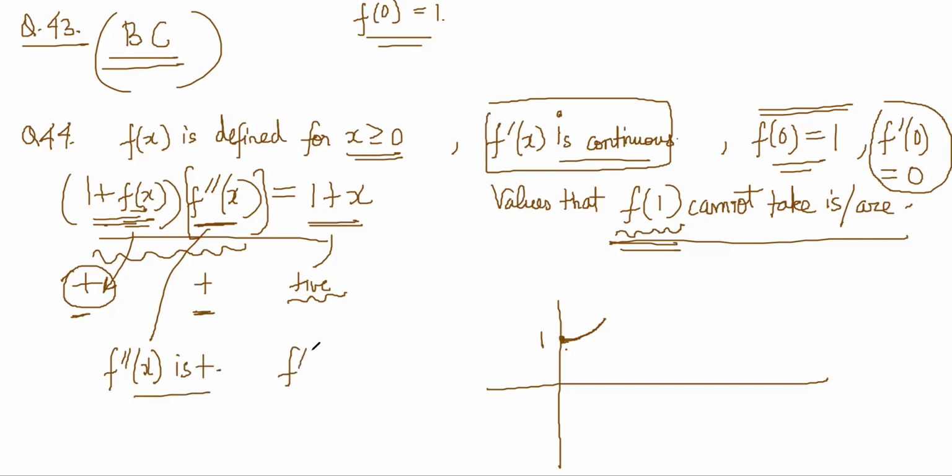That means f'(x) is increasing, right? And f'(0) was 0 and f'(x) is increasing. So it will keep increasing. It will keep going up, right?